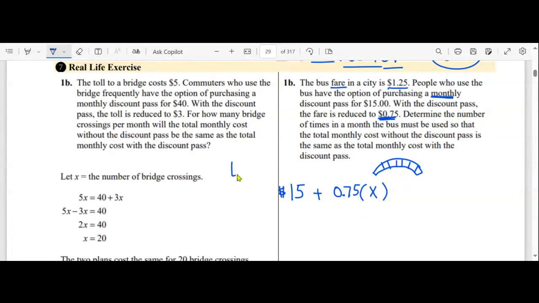X. So you're going to say let X equal the number of what? The number of bridge crossings. Okay? Is that clear? Yes.